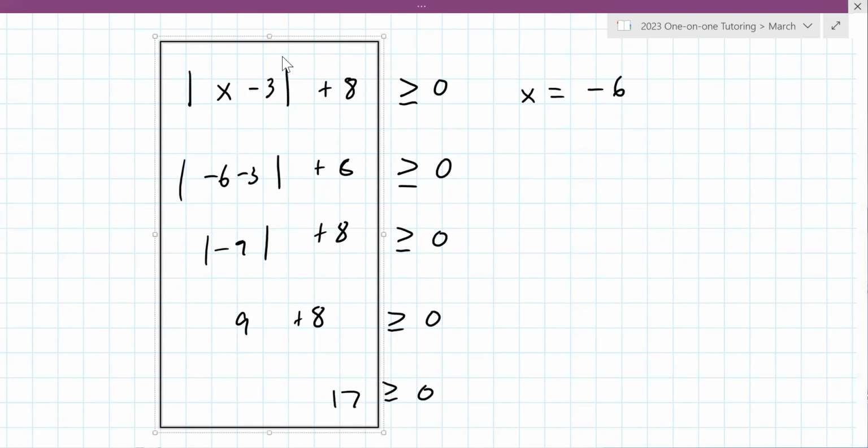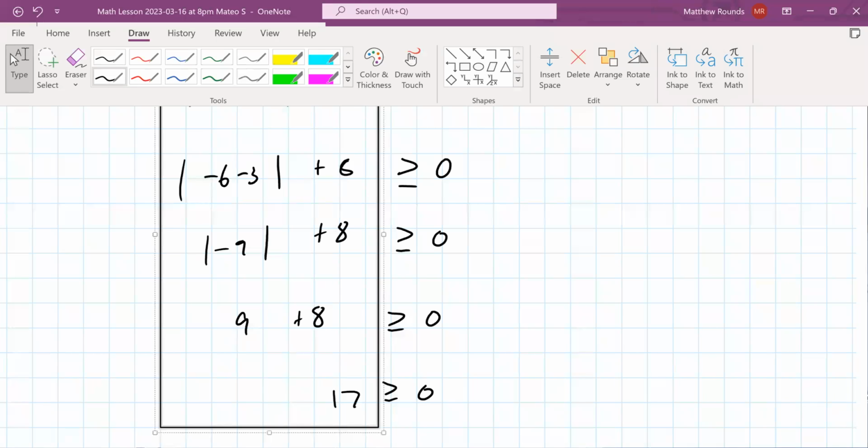All right, we've got a little bit more time here. Let's say you've done all the work and you've got the absolute value of 3x less than 18, like this. What is the next step? What do you do from here to break this apart?